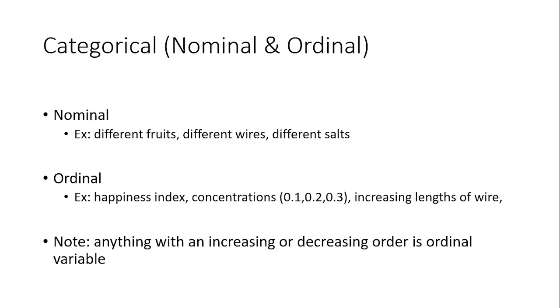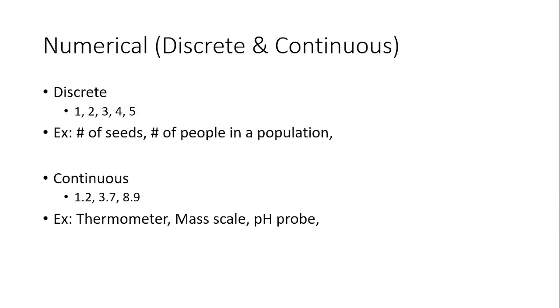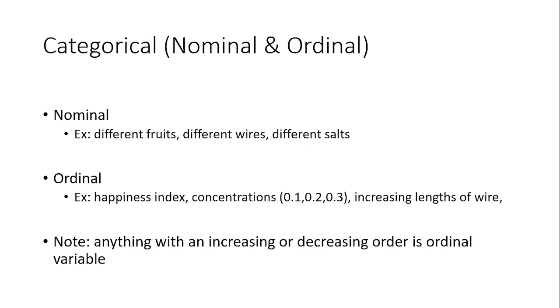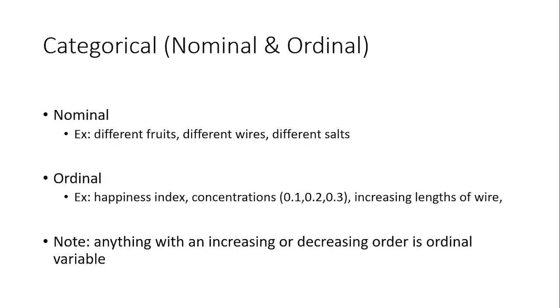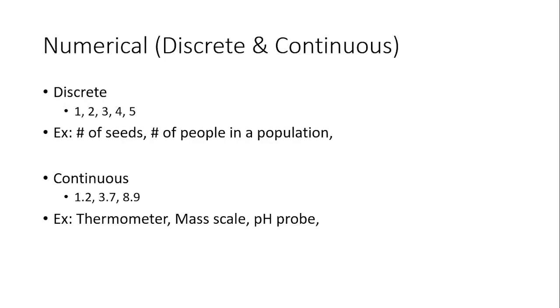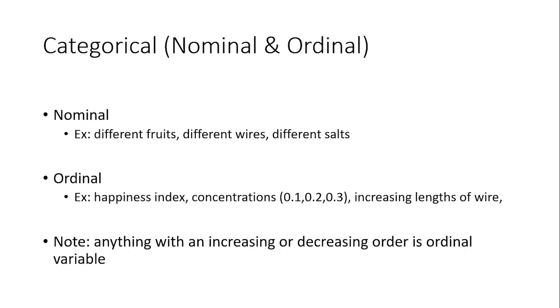So what's an ordinal variable? Ordinal is something that you increase or decrease by. So in the previous example, I gave a discrete numerical variable, but you can change in between them. So you would have happiness index as your ordinal, or you could have it as your discrete variable.